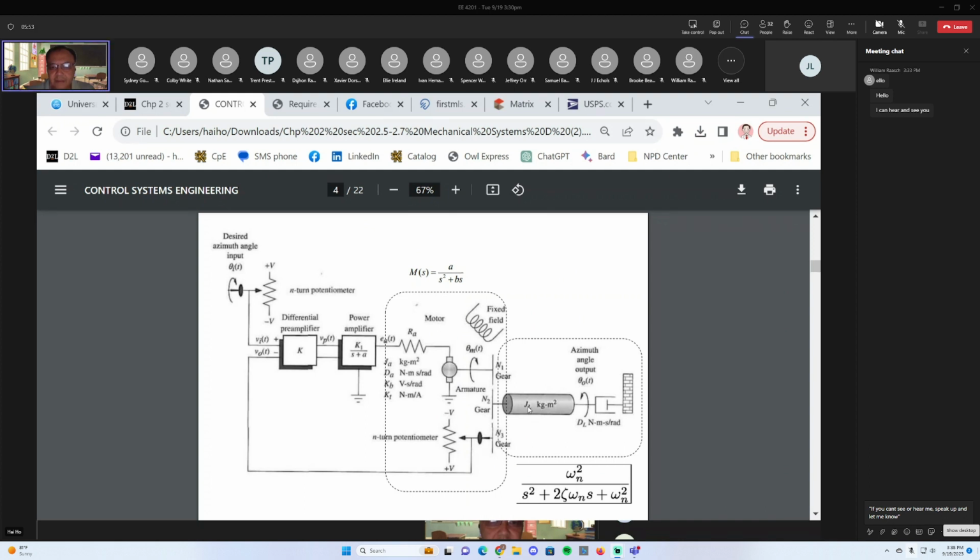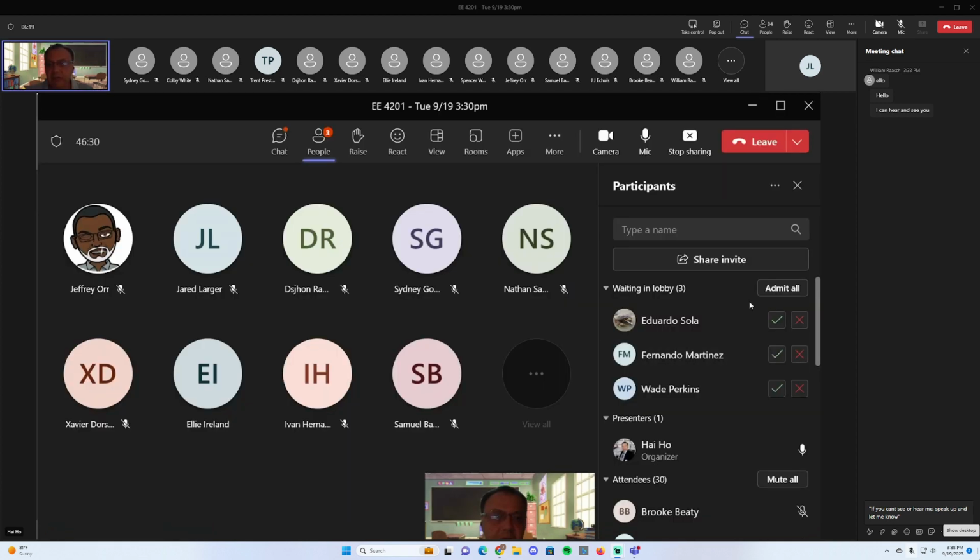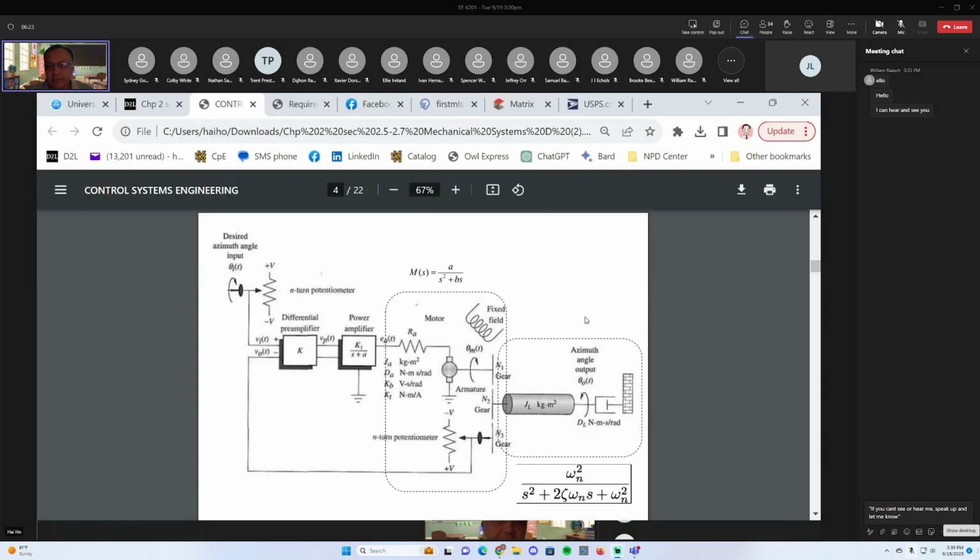This is the dish itself. Okay, and so the motor has this kind of transfer function that we talked about, and the load has this kind of transfer function that we talked about. So the idea is, okay, if you give numerical parameters of inertia, torque constant of the motor, etc., how do you come up with numerical values for the A, B, omega n, and zeta? Okay, that's going to be the goal for the next couple of lectures.